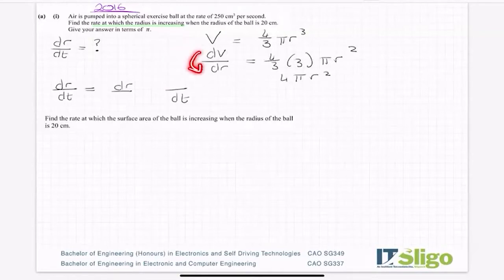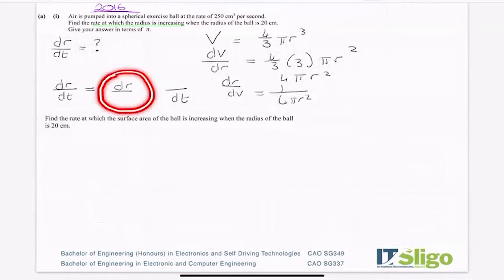If I flip it, then I will have dr/dV, and I get 1 over 4 pi r squared. Why am I doing that? Well, I'm doing that because I can see that I could put dr/dV in here. So therefore dV has to go in here.